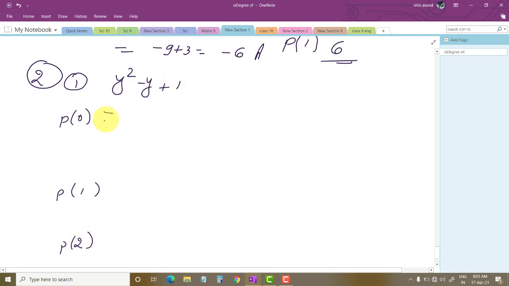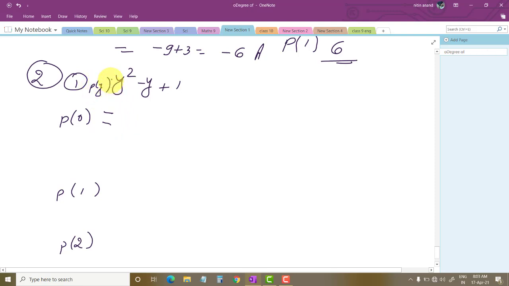Suppose we have to find P0 first, then we will put 0 in place of all the y. Suppose this is our Py.